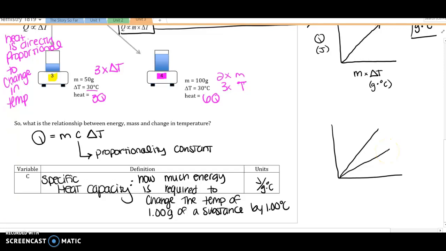In fact, the specific heat capacity of oil is much less than that of water. So its temperature changed much more drastically than the temperature of the water. The oil increased its temperature very, very fast, where the water did not increase its temperature as fast. So that is how we found our specific heat equation, and we can use this for some future examples.